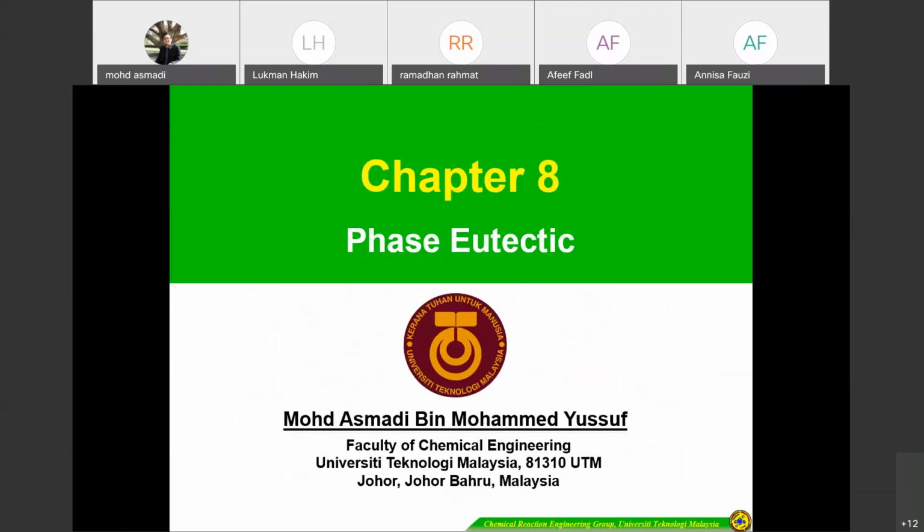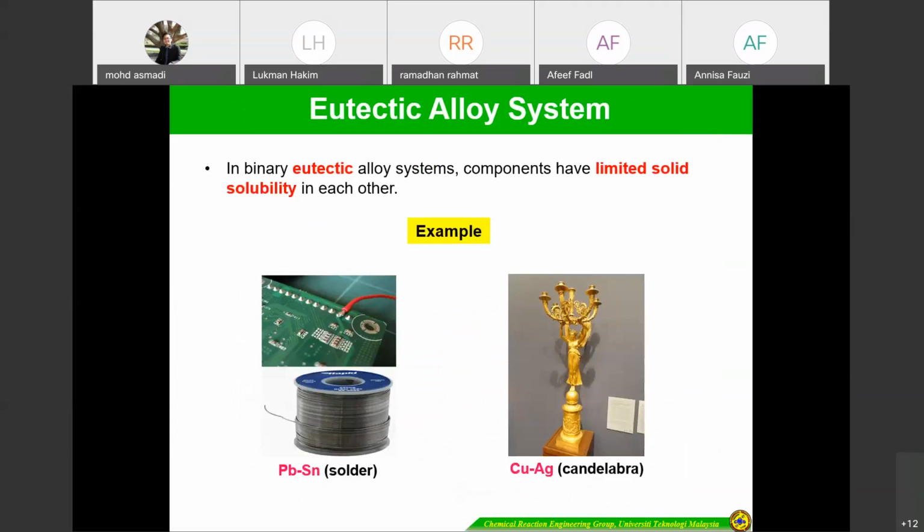Just a brief discussion about the eutectic phase. I just want to tell you that many binary alloy systems have limited solid solubility, for example lead and stannum, copper and argentum.